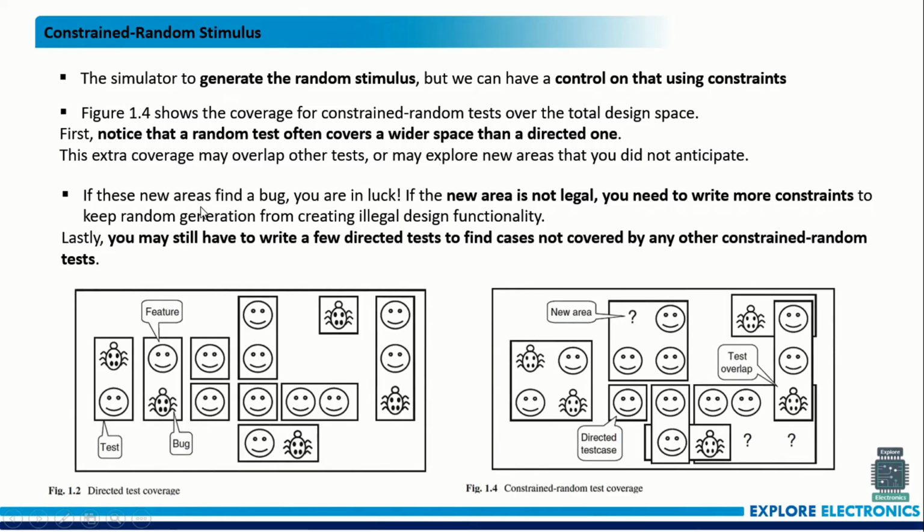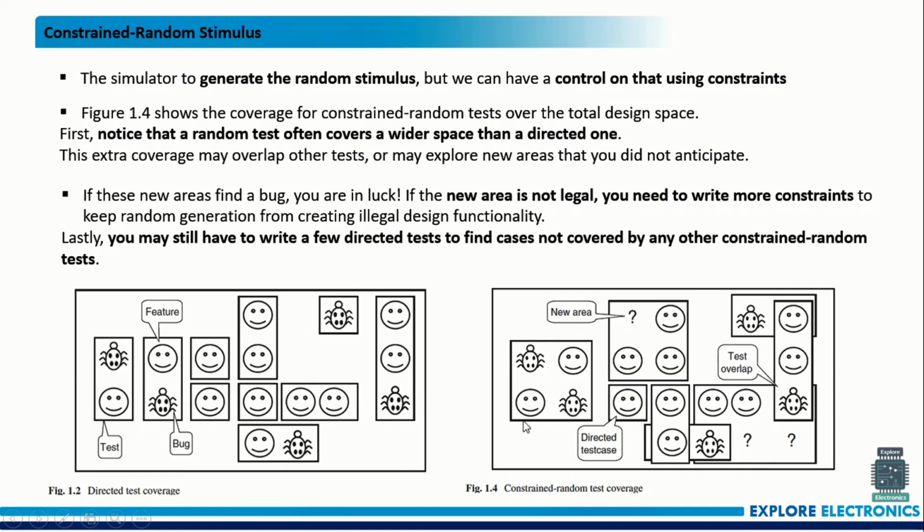In the figure you can see the first one is direct test coverage. We have different blocks, and a smiley indicates the test is successful, while this one indicates there is a bug. Each and every block of code is taken and verified.